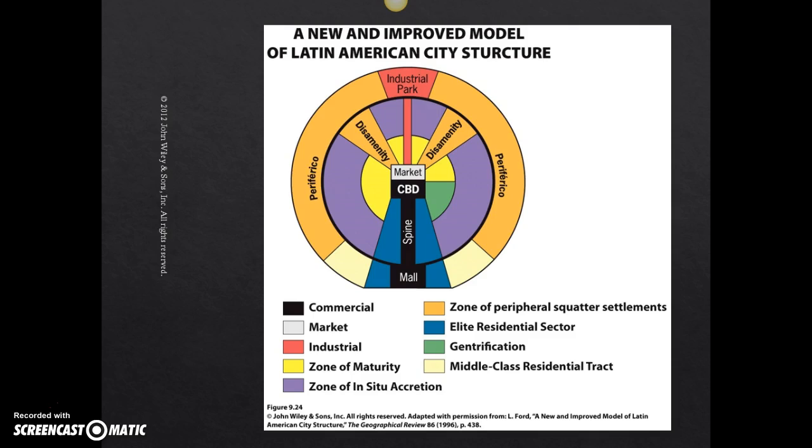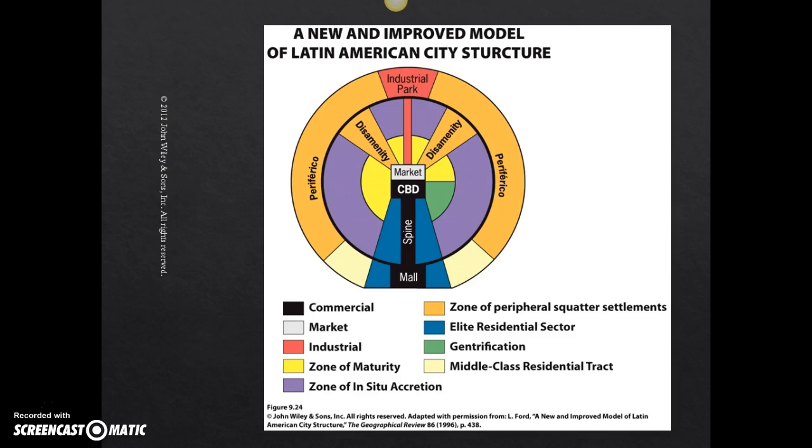Right next to that business district, that's where the elites live. That's where the wealthy people live. Okay? And spreading out from there, you see some of that gentrification that we talked about in one of the previous lectures, where wealthy-ish people are moving into poorer areas, rehabilitating the houses, raising the property values and making the neighborhoods nicer.